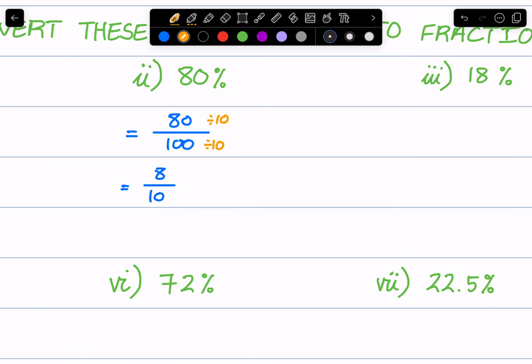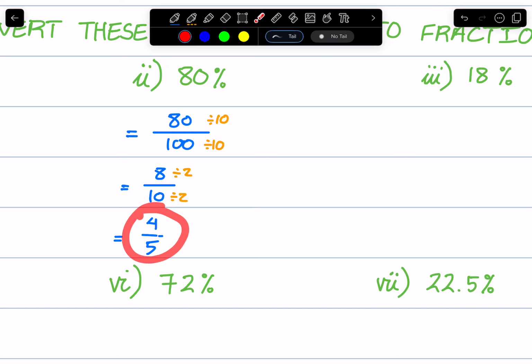We can actually simplify this further. They're both even, so they're both divisible by 2. So 8 divided by 2 is 4, and 10 divided by 2 is 5. So 80% as a fraction is 4 over 5.